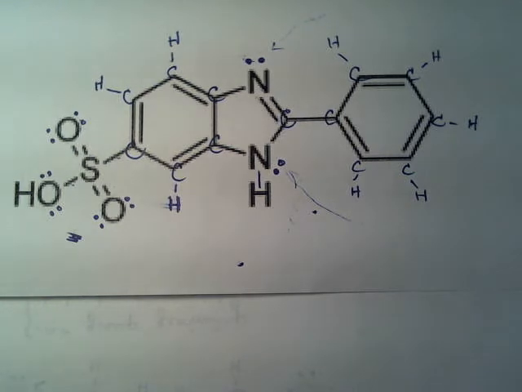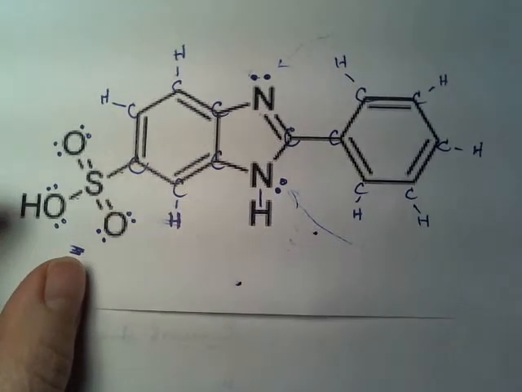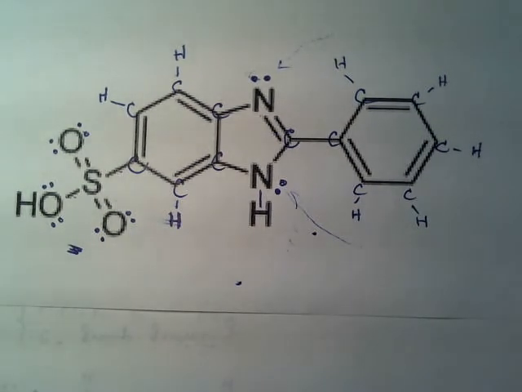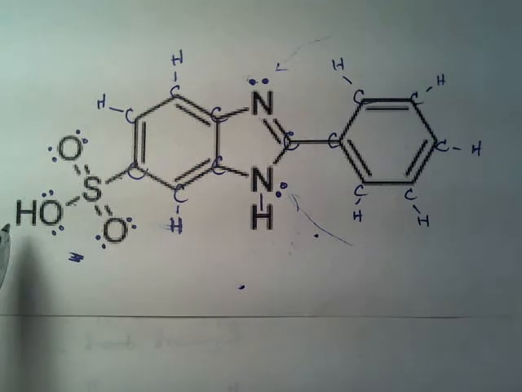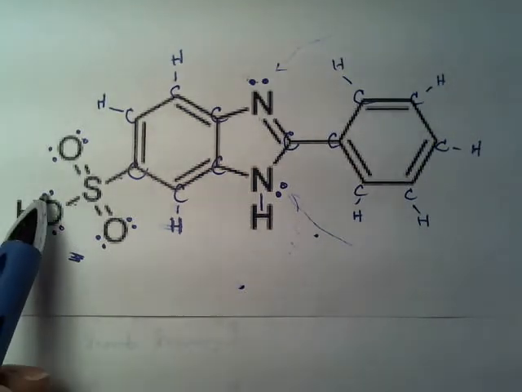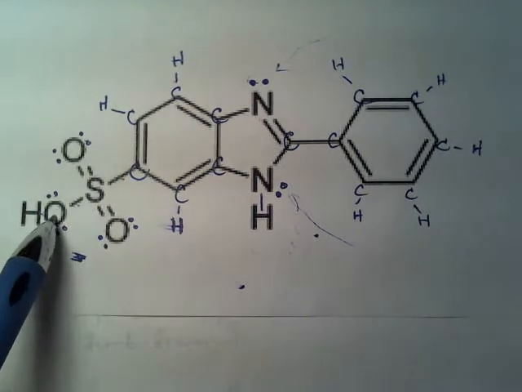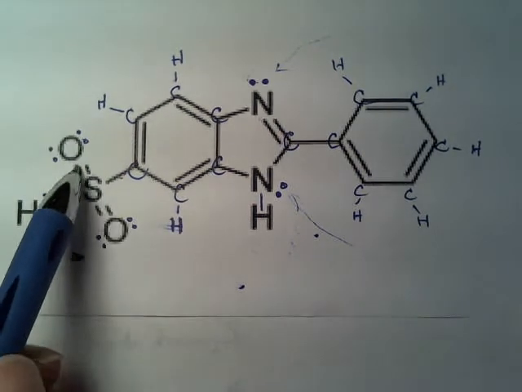Okay? All right, so let's examine this for the electron group geometries. The electron group geometry, let's just go through. So I've got 1, 2, 3, and 4. So that's tetrahedral.